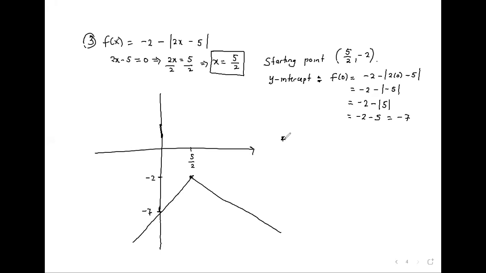If you force this -2 minus modulus of 2x minus 5 equal to 0, what will happen is you'll be saying, then I have -modulus of 2x minus 5 equal to 2. Divide by -1, divide by -1, then modulus of 2x minus 5 is equal to -2.